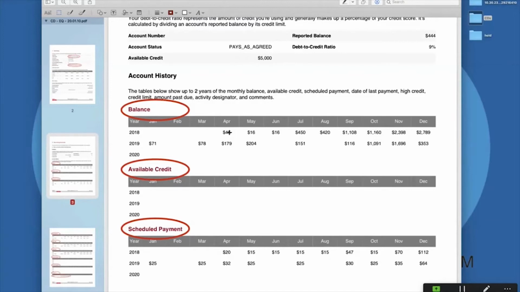So April, it was 45. May, it was 16,450, and you just see how it grows and diminishes through 2018, 2019, etc. So you see the ebb and flow of this particular borrower. Ultimately, a highly fundable profile is where we're showing that at the reporting date, there's no more than 7% being reported to the bureaus.